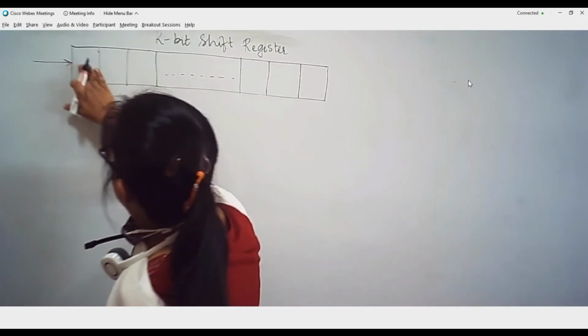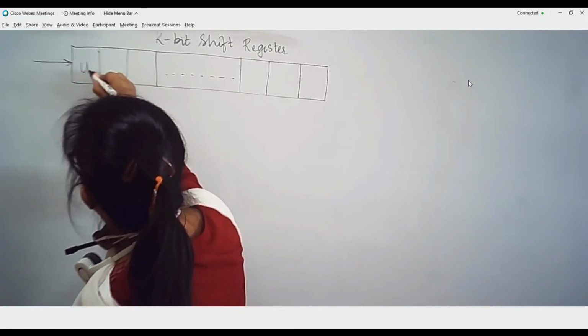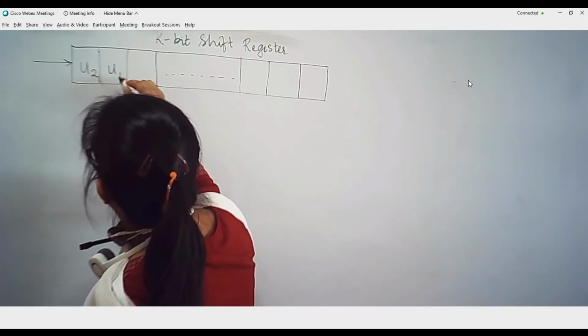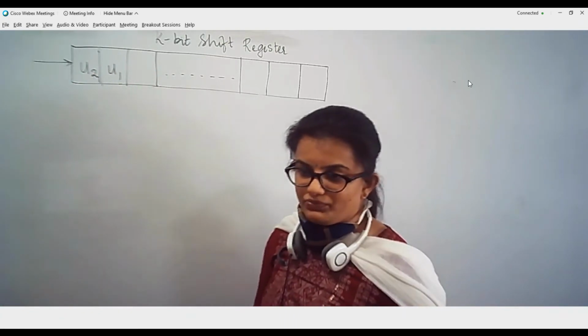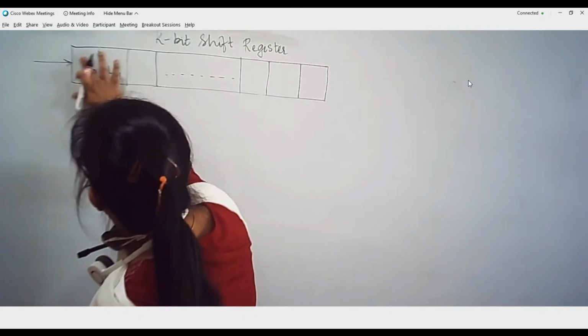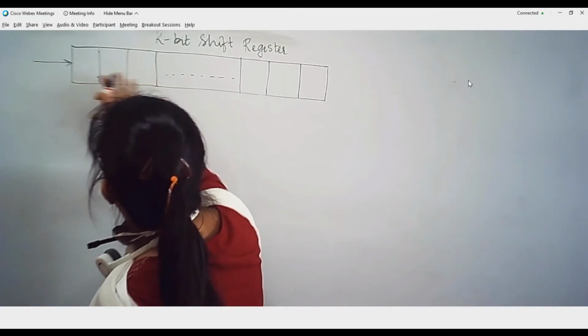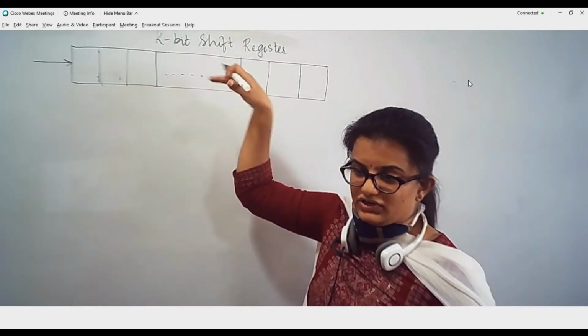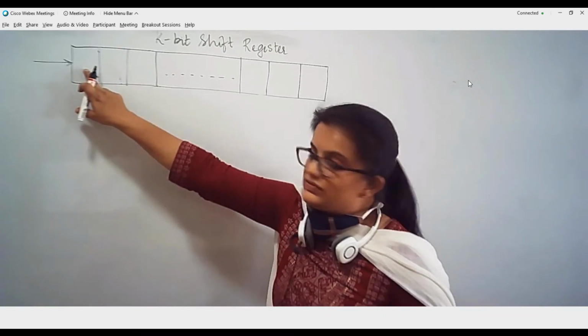In the next clock cycle, we push the second message bit, U2. In the third clock cycle it further gets pushed towards the right, and then the further bits enter the flip flops.